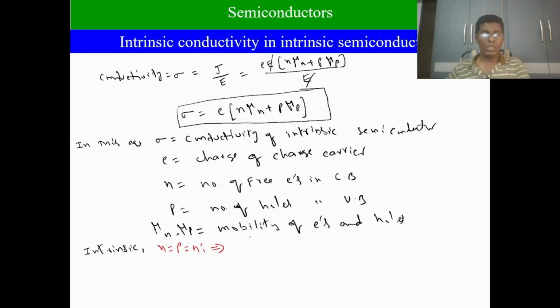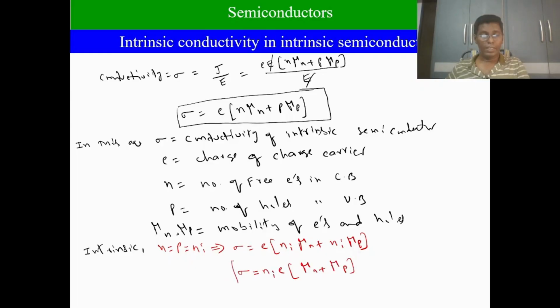Now use this in the above expression. Sigma is equal to small e into, in the place of n, Ni into mu n, and in the place of p, Ni into mu p. Now take Ni outside. So sigma is equal to Ni into e into (mu n plus mu p).